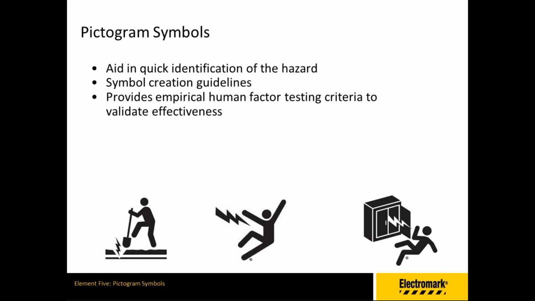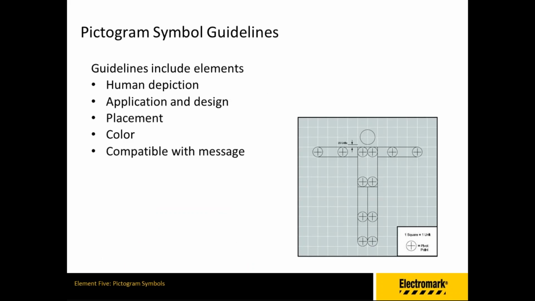The standard encourages the use of effective safety symbol pictograms, and it provides human factor analysis testing guidelines for their development. ANSI, however, does not approve, recognize, list, or in any way endorse any specific symbol pictogram. The guidelines that it gives, I mentioned, include elements such as standardization of the depiction of the human figure, where to articulate that human figure.